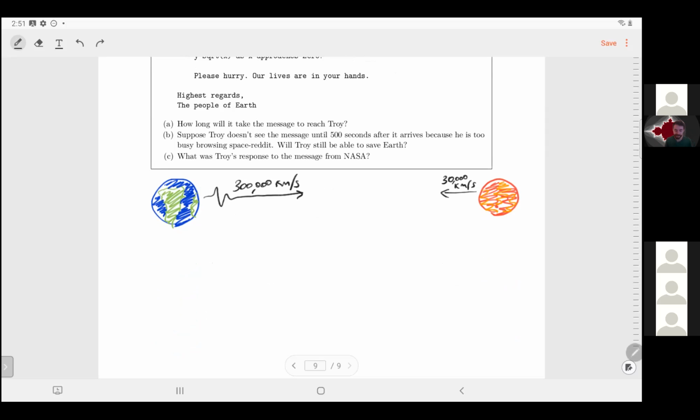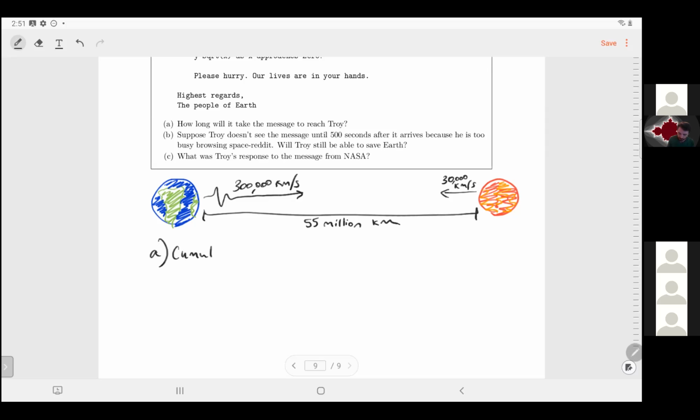But in the case of this problem, it'll work out just fine. So compute their cumulative speed and then see how long it takes to traverse this whole distance, which is 55 million kilometers.